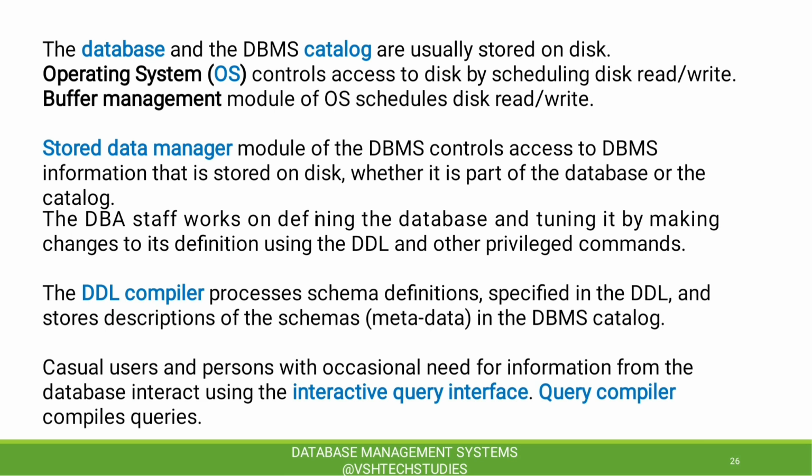The database and the DBMS catalog are usually stored on the disk. The operating system controls access to disk by scheduling disk read-write. The buffer management module of the OS, that is the operating system, schedules disk read-write. Next we have the stored data manager module, which belongs to the DBMS software and controls access to DBMS information stored on the disk, whether it is part of the database or the catalog.